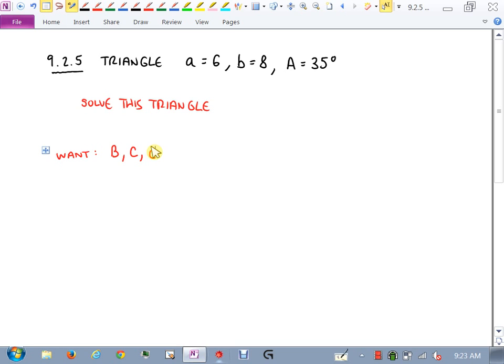So what would you like to go for first? Yeah, capital B, right? Because we have little b. We have all the information about A, right? We have little a and capital A. So let's go after capital B first. So to do that, we'll write sine B over little b, which for us is 8, equals sine A, so sine 35, over little a, which is 6.